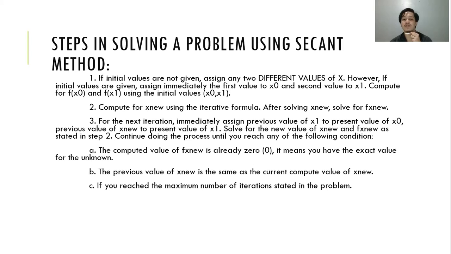A. Computed value of f of x new is already 0. It means you have the exact value of the unknown. B. The previous value of x new is the same as the current computed value of x new. C. If you reach the maximum number of iterations stated in the problem.